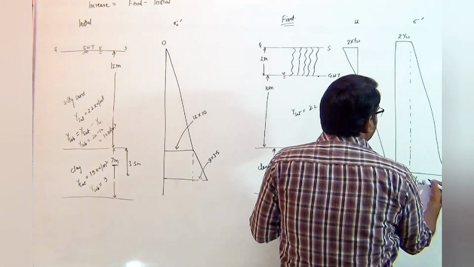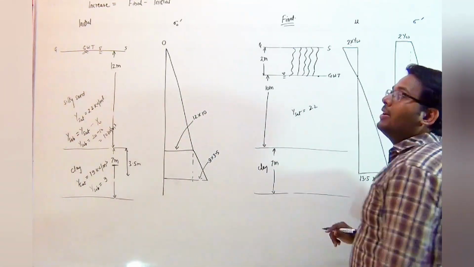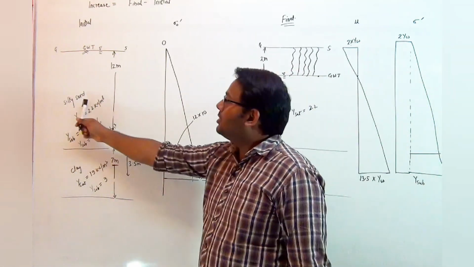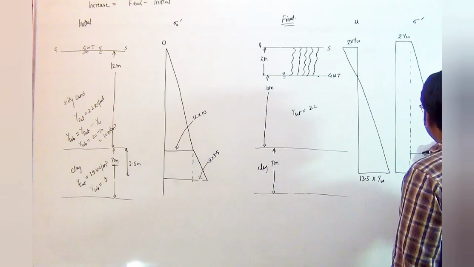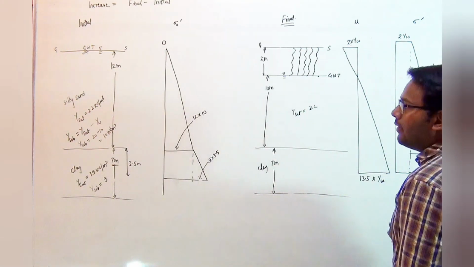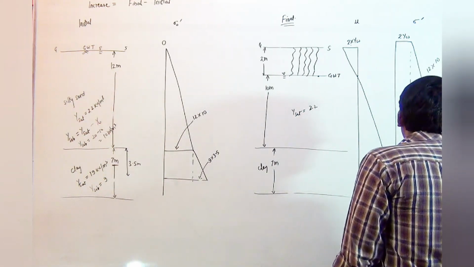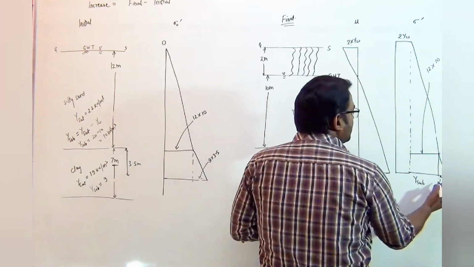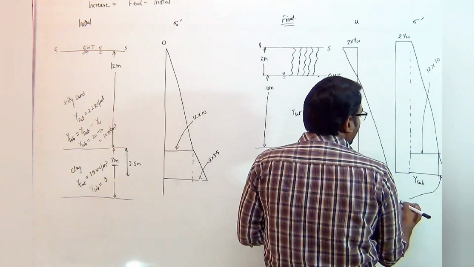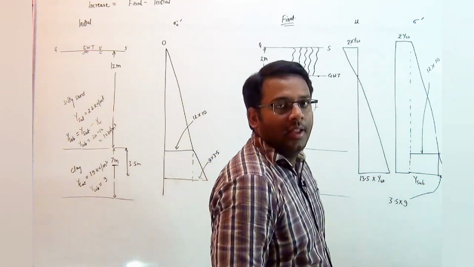For the first 12 meter the soil is sand, and gamma submerged of sand will be used, and this increase will be equal to 12 into 10, whereas for the next 3.5 meter this increase will be equal to 3.5 into gamma submerged of the clay, and that will be 9.